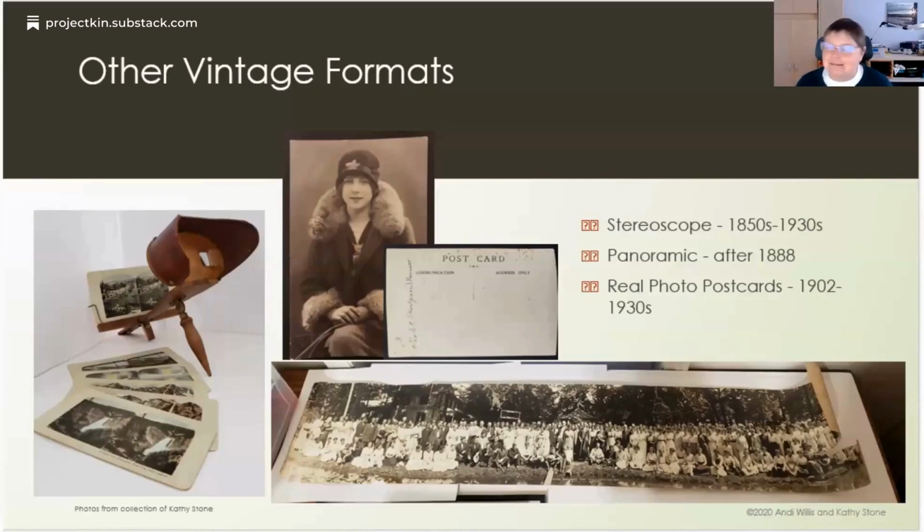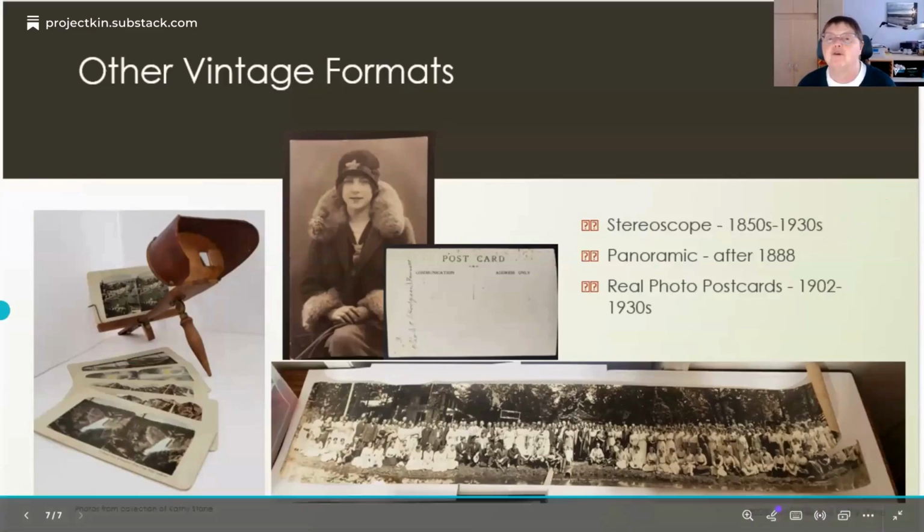But I don't really know what to do with it now. I don't want to roll it back up because, as you can see, rolling it is tearing the edges. This is a Presbyterian ministers conference sometime in the 30s. We still have panoramic photos today. I've got a pile of them in my collection too.